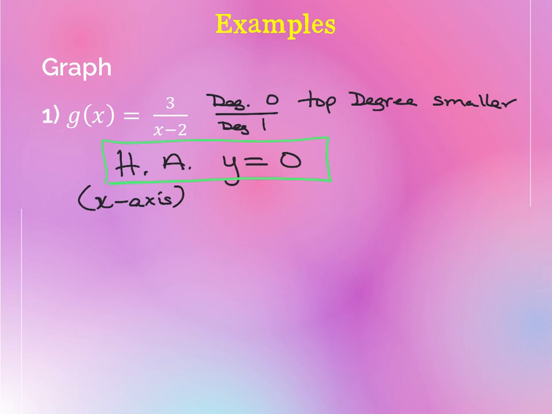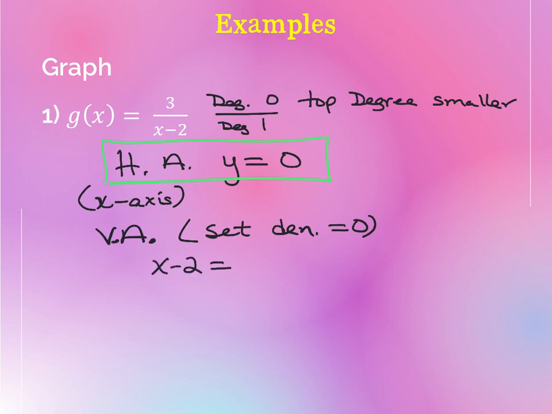My next piece of information that I need to find is my vertical asymptote. To find the vertical asymptote, remember we set the denominator equal to 0. This is how we find it. So my denominator is x minus 2. I set it equal to 0.